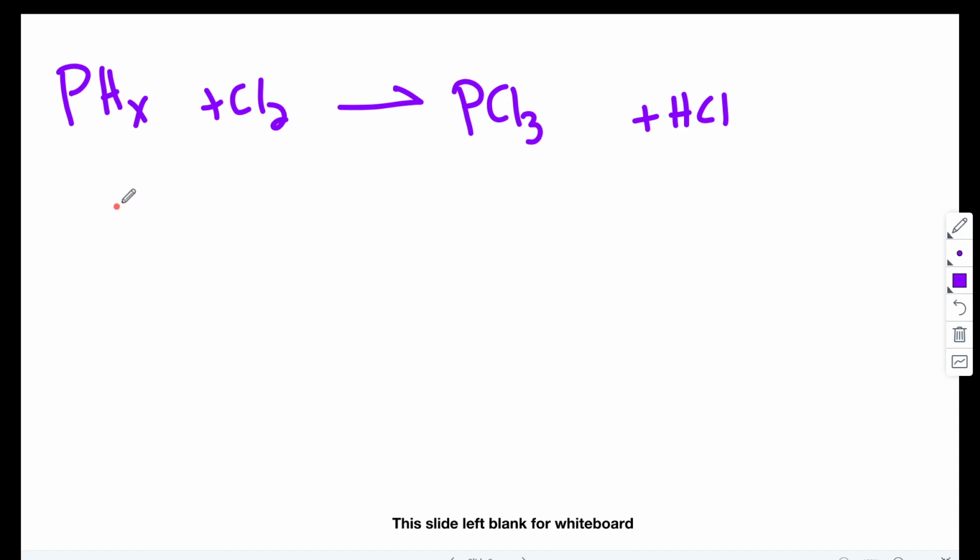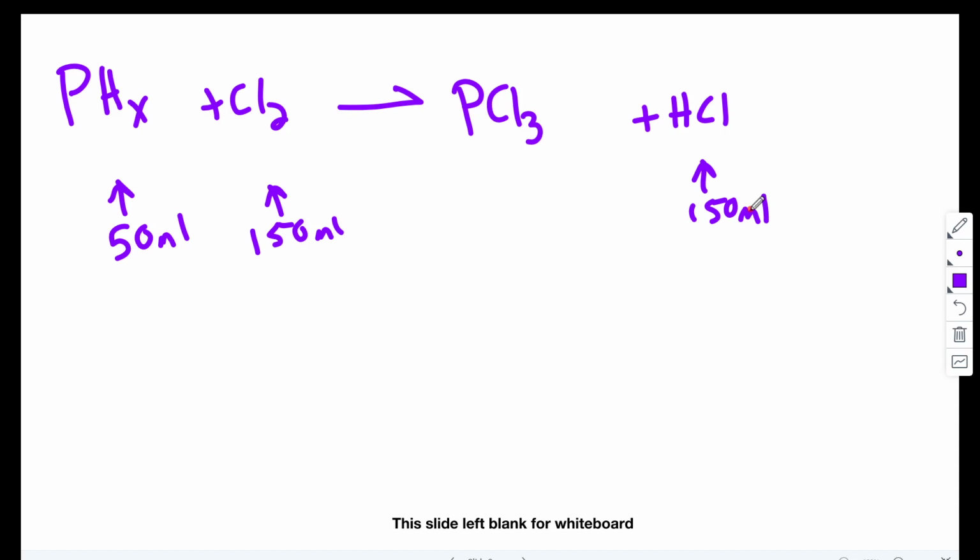The first piece is that it takes 50 milliliters of this, and it says that it's a gas, and that reacts perfectly with 150 milliliters of this and makes 150 milliliters of this.